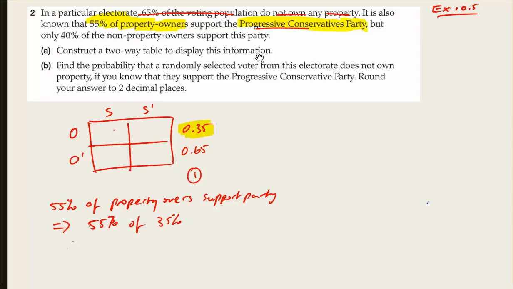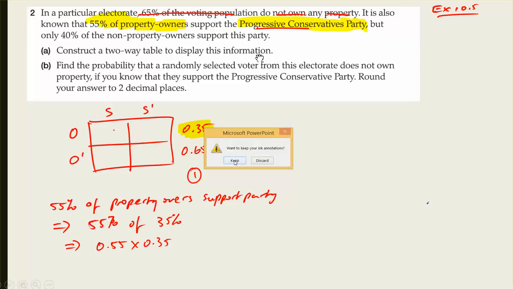So how do I calculate that as a probability? You're taking 55% of 35%, so 0.55 times 0.35 gives me the actual value.